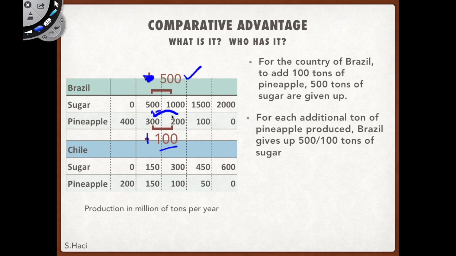So for each additional ton of pineapple produced, Brazil gives up 5 tons of sugar.